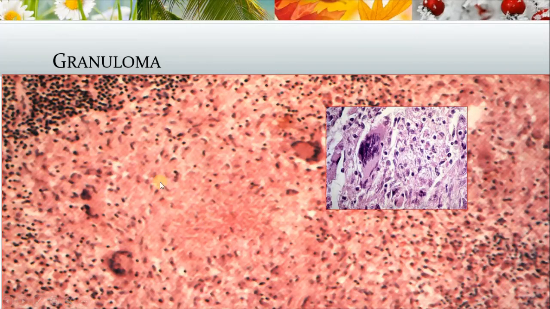So caseation necrosis with accumulation of modified macrophages or epithelioid cells, and also Langerhans type giant cells here and there, recruitment of lymphocytes, and peripherally fibroblasts also present in low power.